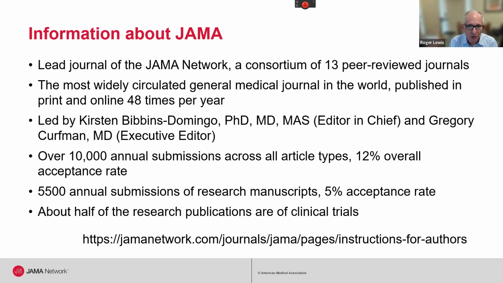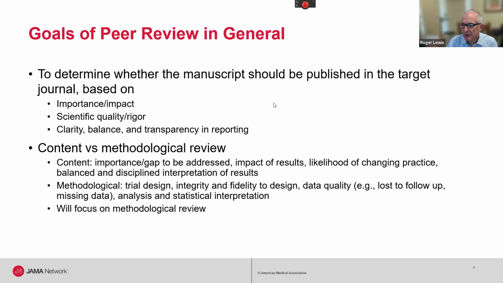So the peer review process is aimed at both making rapid decisions if the submission's not going to be published, and then carefully reviewing, revising and improving the submissions that have a meaningful chance. About half of what JAMA publishes are clinical trials.